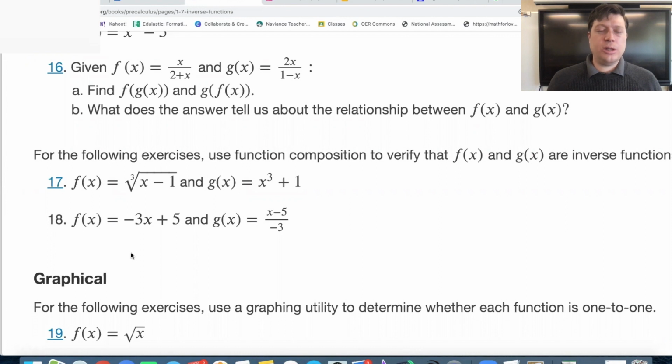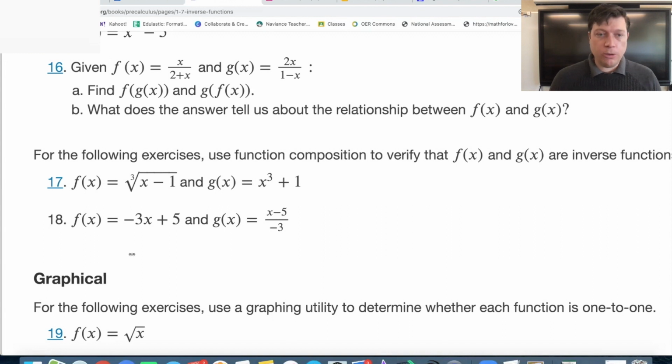We did question 16 in the previous video, but in question 17, we want to use function composition to prove that f and g are inverse functions for each other. By pushing the two functions together, or composing the g function with the f function, we're able to see by the result that we get if they actually are inverses.